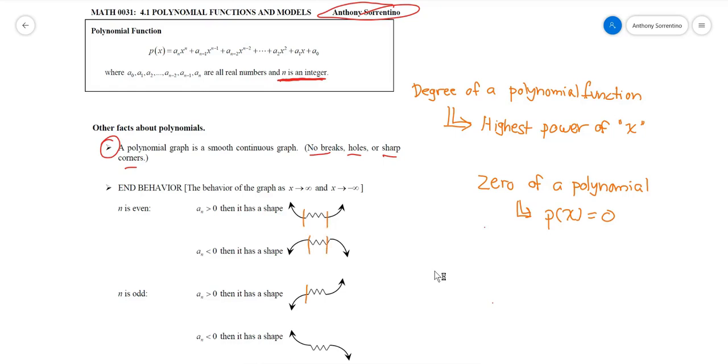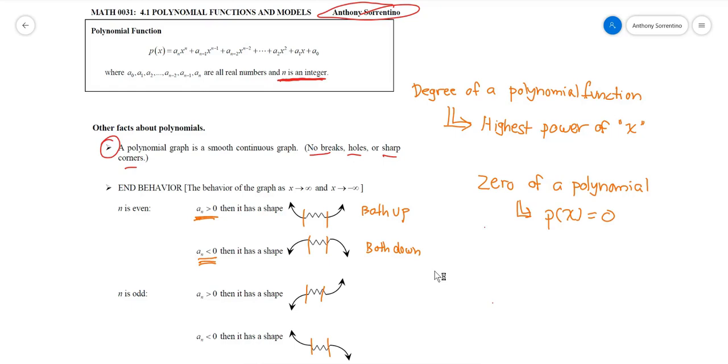There's a whole bunch of different stuff that could be going on in the middle of the function, but if I have an even degree, like 2, 4, 6, 8, and so forth, then I know my graph is going to end pointing in the same direction. So here they're both up, here they're both down. It's up if the leading coefficient is positive, and down if the leading coefficient is negative.